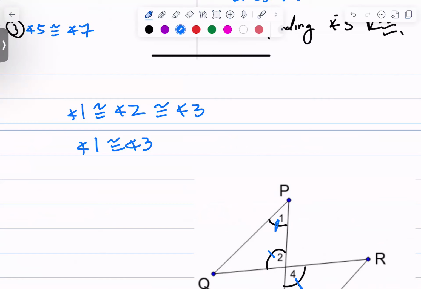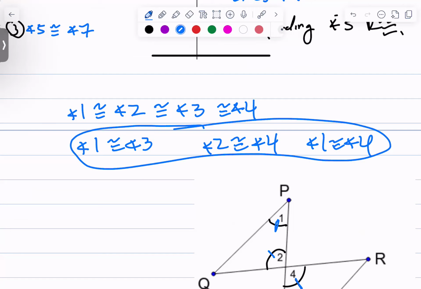So if I say angle 3 is congruent to angle 4, I can say angle 2 is congruent to angle 4. I can say angle 1 is congruent to angle 4. All of these are the transitive property. The way that I remember it is like a train. All the carts are equal to each other. But that's the lesson for today, class.